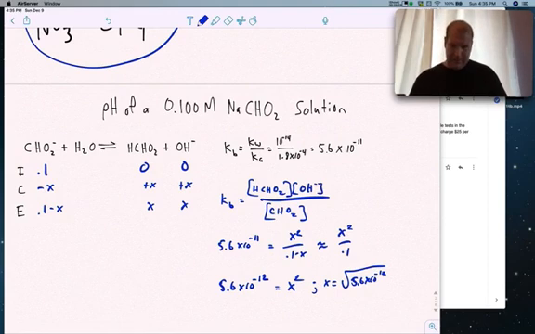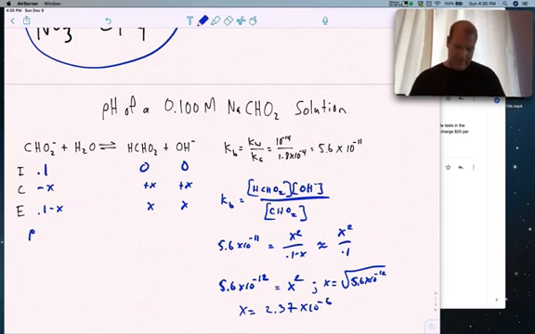Let's put that in our calculator. 5.6 e minus 12 to the 0.5. How many sig figs? 2 sig figs. X equals 2.37 times 10 to the minus 6. Then we need the pH.